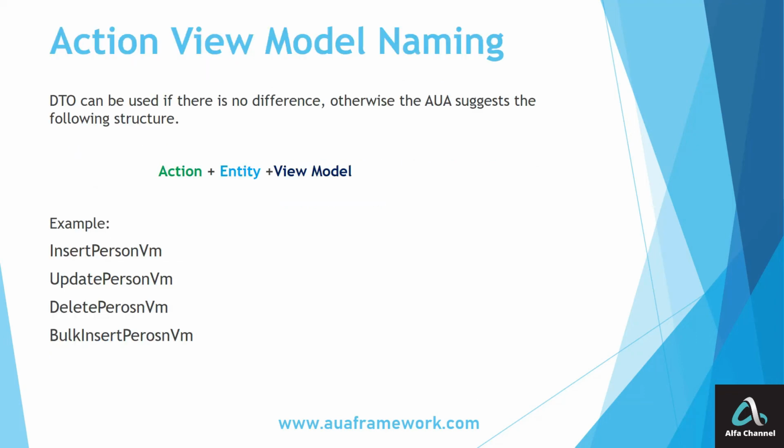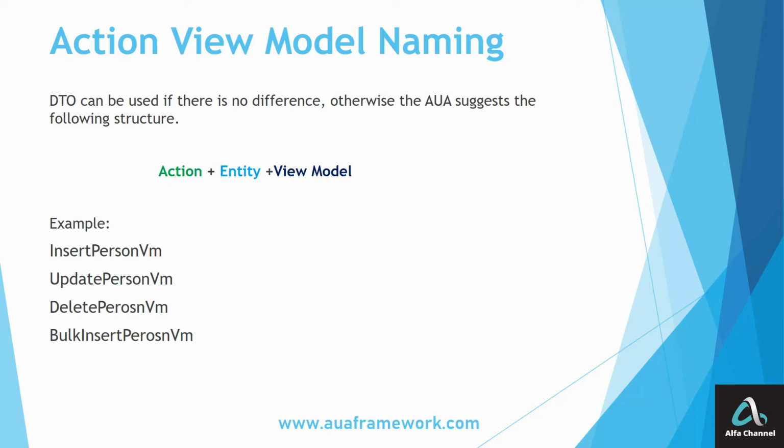Another concept in the AUA is naming the view models which are used for actions. The AUA uses the DTO as long as a DTO meets our need to work with an entity. But if the difference in the number of fields is too large, the naming method will be different.